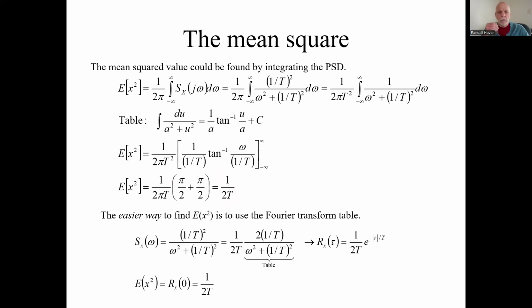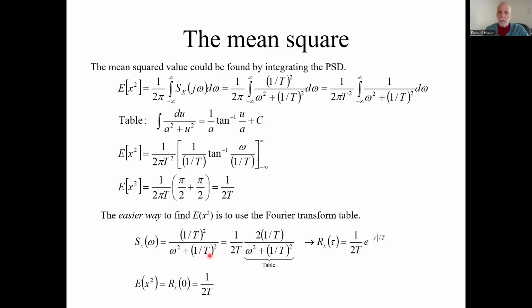So that was one method. Use this formula and evaluate that integral. The easier way in this case is to use the Fourier transform table. From the power spectral density, find the autocorrelation function, and then evaluate it at tau equals 0 to find the mean square.